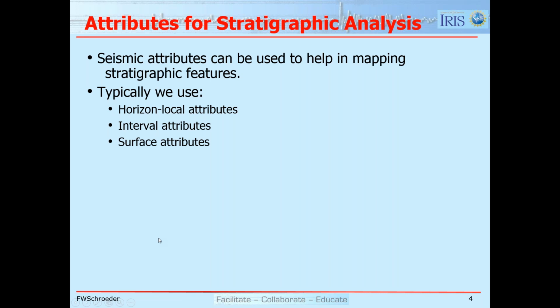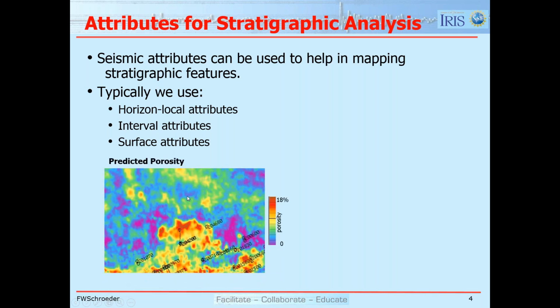We may see an anomalous amplitude that's associated with the presence of gas or oil. Typically, we use 3 types of attributes: horizon attributes, interval attributes, and surface attributes. And here again is my predicted porosity map as an example.